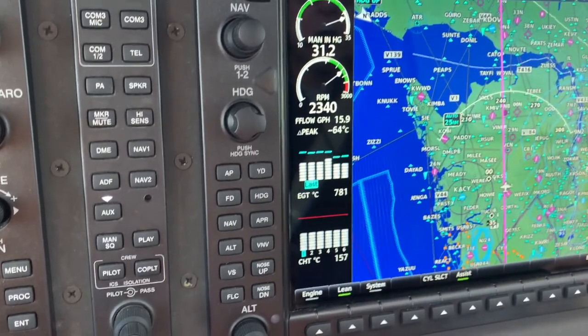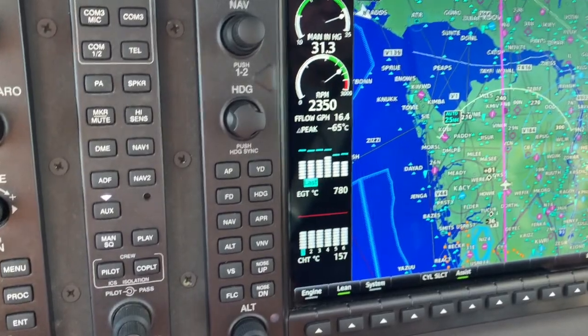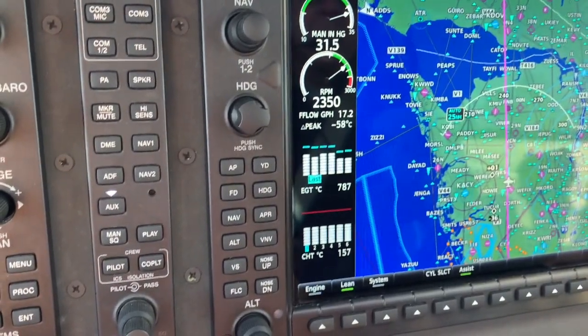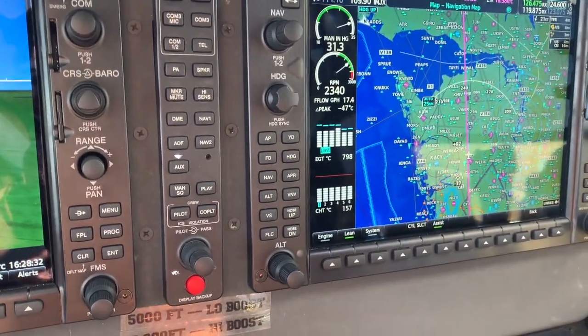Therefore, a simultaneous reduction of the fuel flow is also necessary during the process, and careful monitoring of the TIT along with the EGT is a good practice.